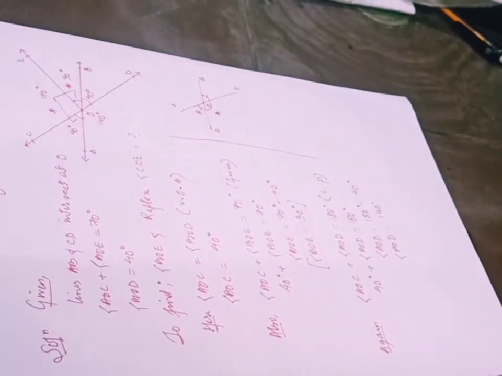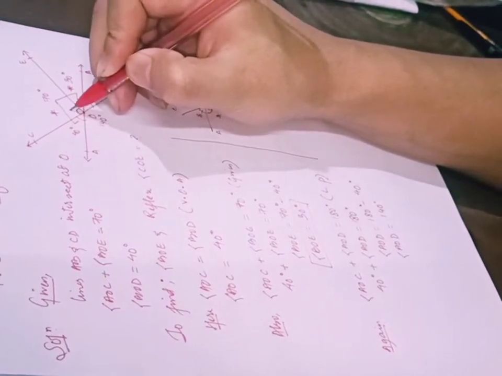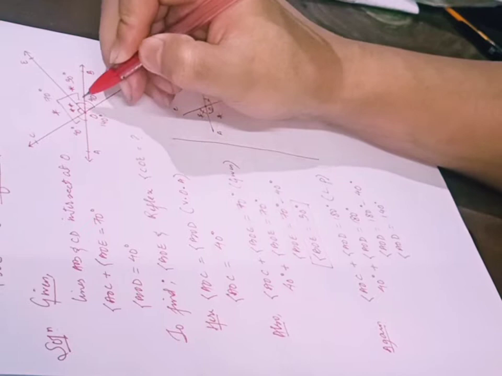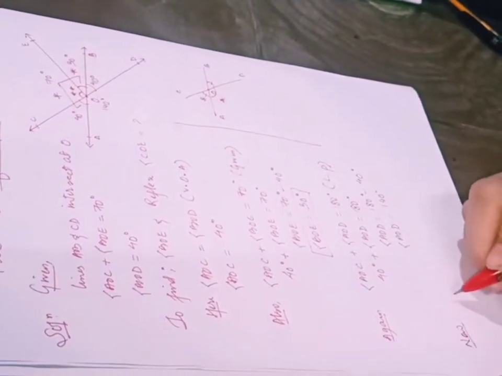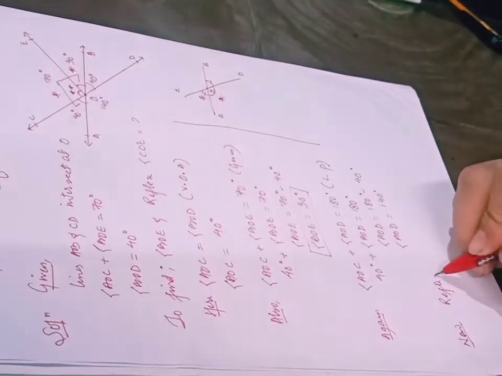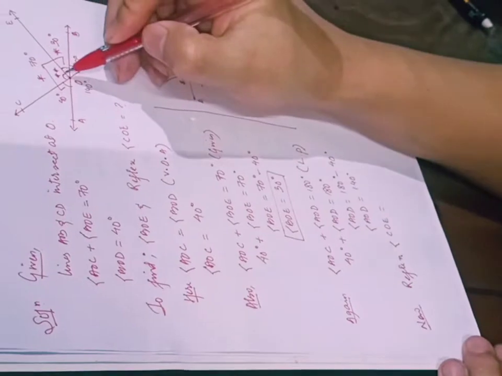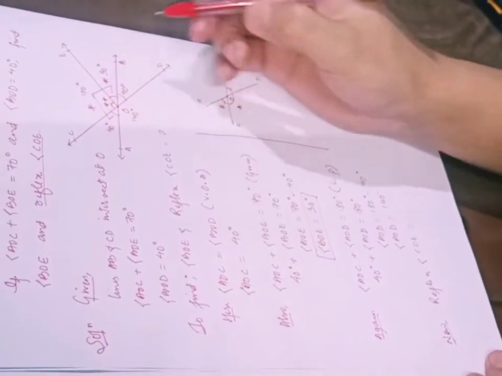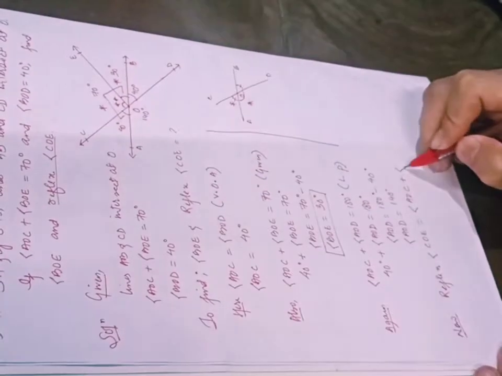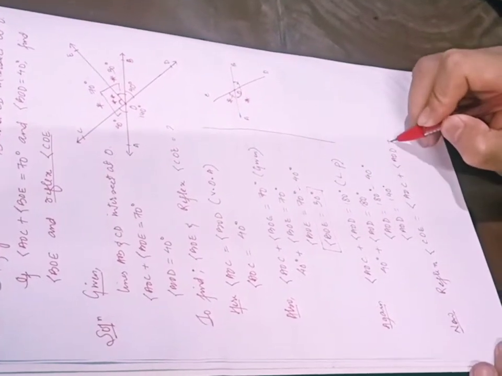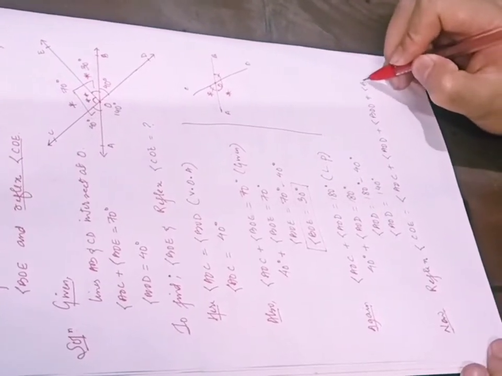So we can easily calculate the reflex angle COE. So let's write down now our reflex angle COE. This angle will be the sum of all the other angles, that is angle AOC plus angle AOD plus angle BOD plus angle BOE.